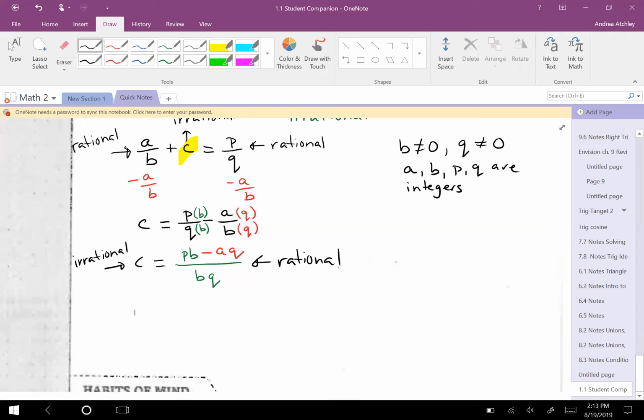Does that make sense? Okay. So the same is true with numbers. An irrational number cannot equal a rational number. They're opposites of each other, kind of. So an irrational number cannot equal a rational number.